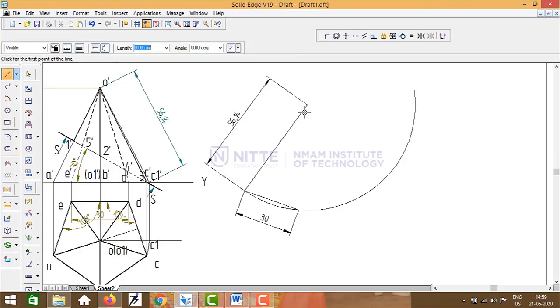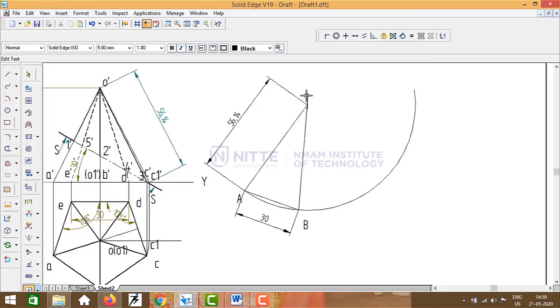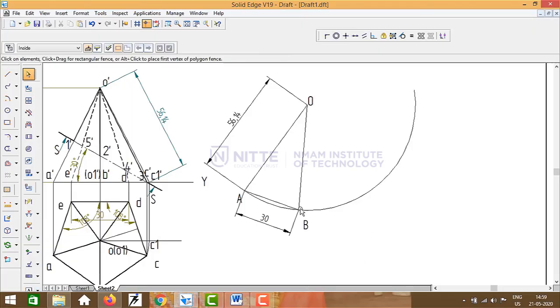Join this point with the edge. So if you want to name it, this will be the point A, this will be the point B, and this is point O. Okay, so one of the triangular faces of the pyramid we have drawn now. The remaining we need to draw. We can use the rotate command as I told you in the previous problem.